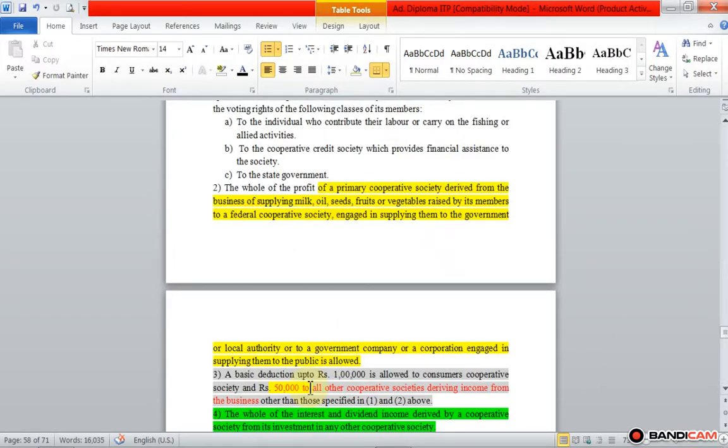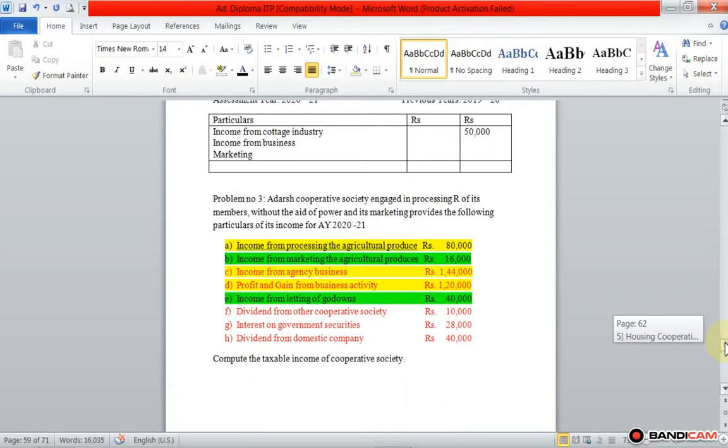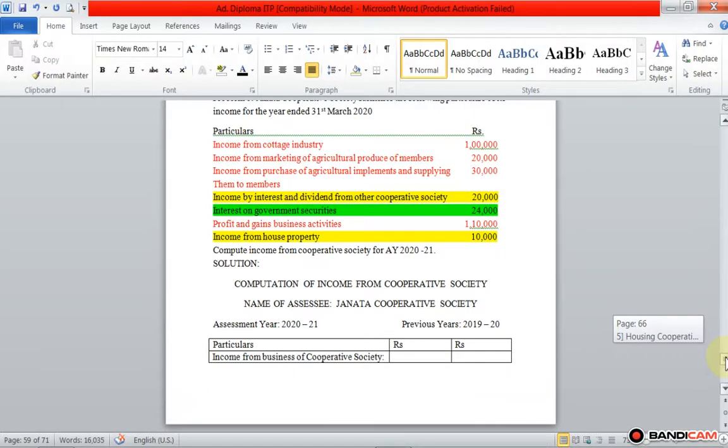Deduction in respect of 80P, that is point number 3: rupees 50,000 to all other cooperative societies deriving income from other business, or business other than those specified in the first and second points. So the maximum deduction for income derived from other business is rupees 50,000.